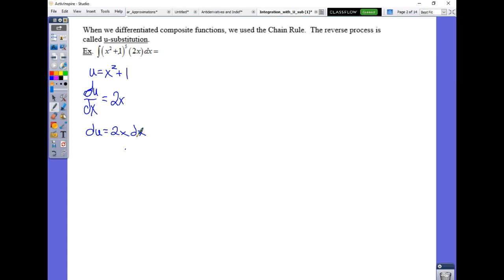And what I want you to realize here is now I can replace quite a few of these things. I can replace the x squared plus 1 with a u. So this becomes u to the 5th. I can also replace the 2x dx with a du.